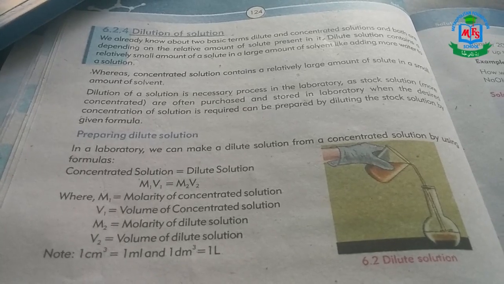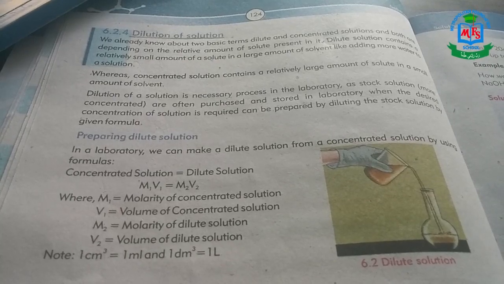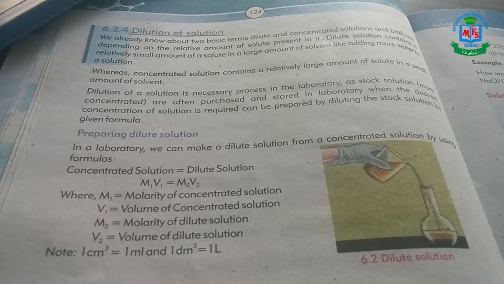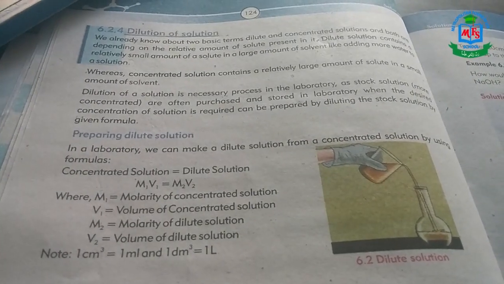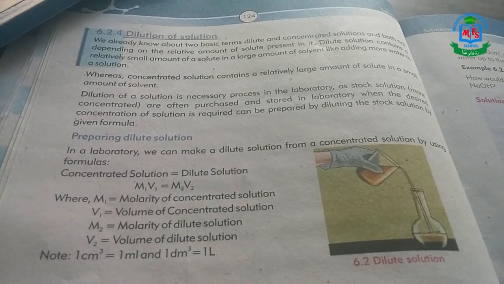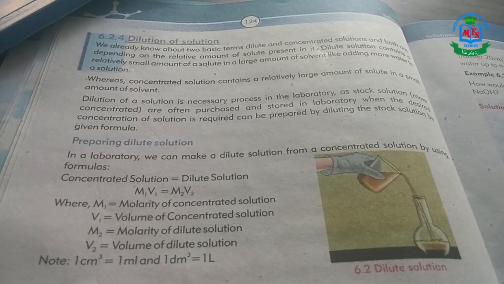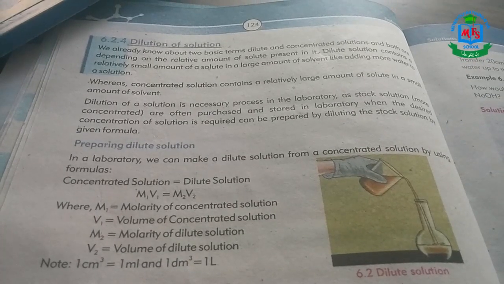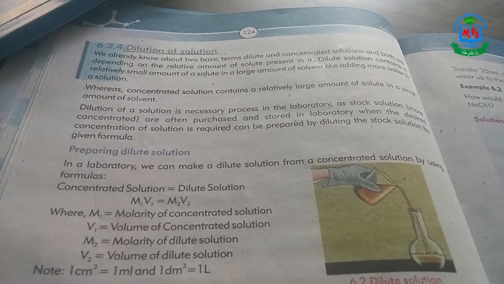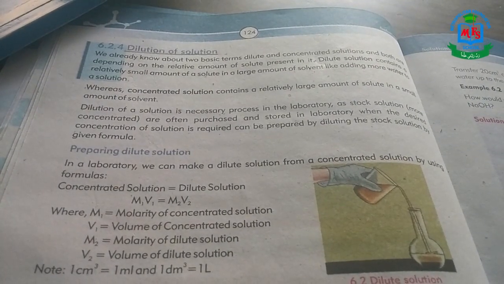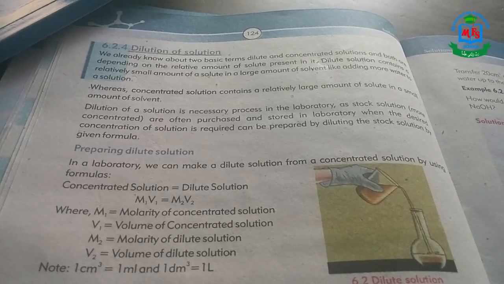In this formula, the molarity of concentrated solution is represented by M1, and the volume of concentrated solution is represented by V1. On the next side, dilute solution is present, and the molarity of dilute solution is represented by M2, and the volume of dilute solution is represented by V2.